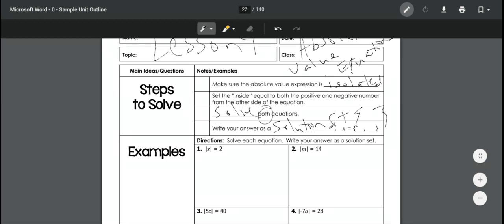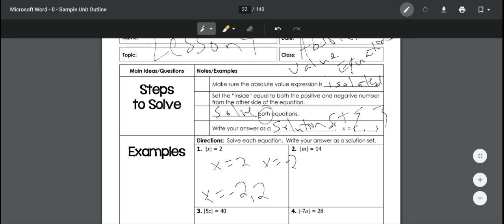So is it isolated? Yes, because it's just the absolute value. So then you set that part equal to the positive and negative number from the other side. So you set x equal to 2 and x equal to negative 2. And then you solve it, but on this one, there's nothing to solve. So that is your answer: x equals negative 2 and 2.